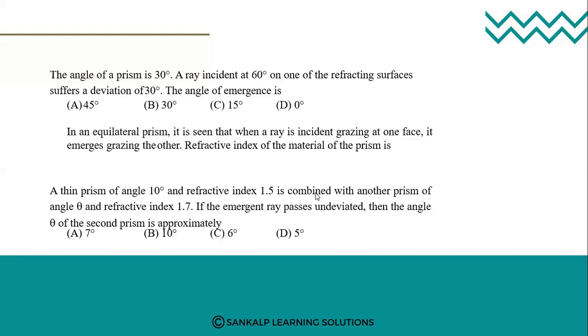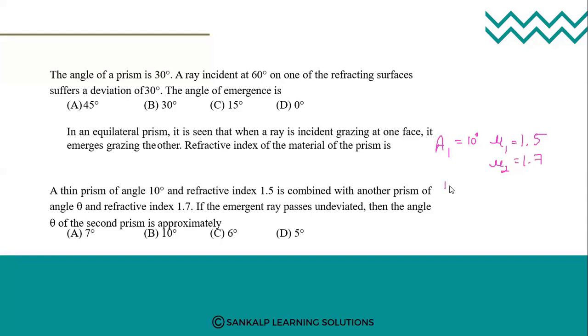So see here how to do this one. Let us consider A1 as the angle of the first prism, and that is given as 10 degree, and for that the refractive index value is given as 1.5. The refractive index of the second prism is given as 1.7.